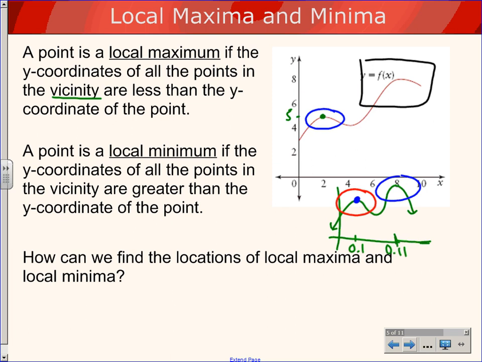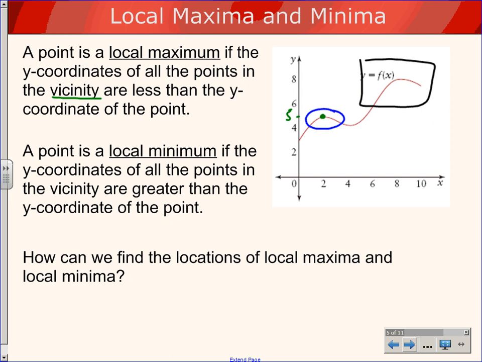Basically, it has to do with limits again, doesn't it? As you get close from the left and as you get close from the right, all of the numbers to the left and the right would have to be a little bit smaller. And if they're smaller, we'd have a local maximum. Compare that to a local minimum, which works exactly the same way.